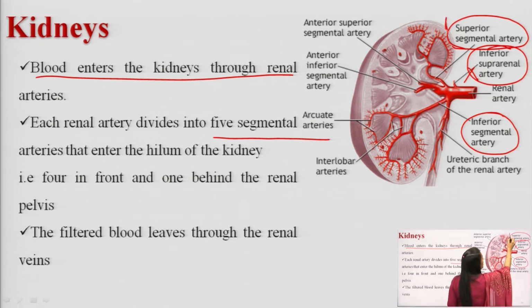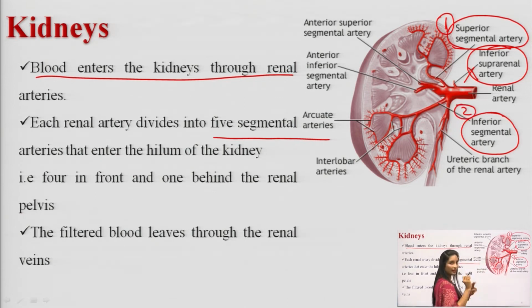This is the first artery, the superior segmental artery, and this one is the inferior segmental artery, the second one. This is the third one, the anterior inferior segmental artery. This is the fourth one, the anterior superior segmental artery. And the last one is the posterior segmental artery, which is present at the back side of the kidney.